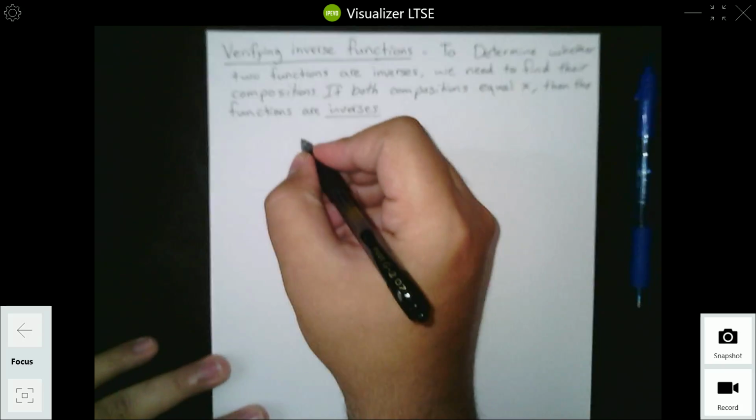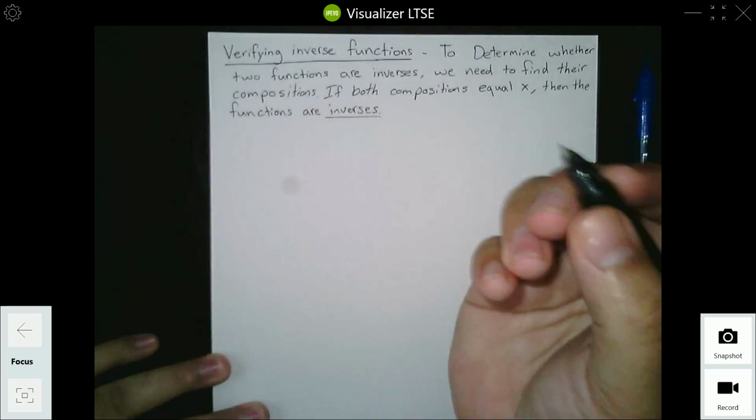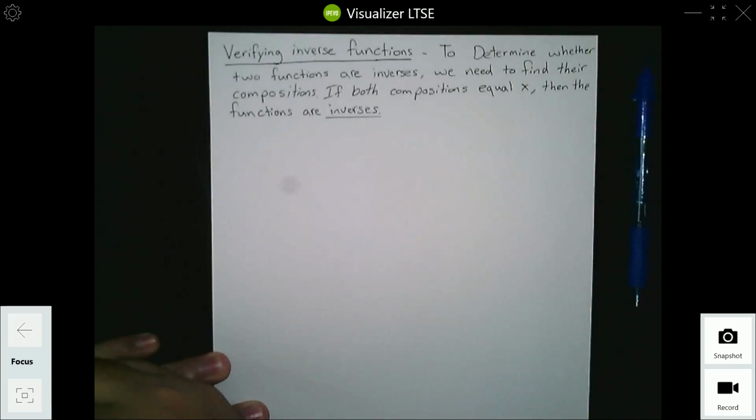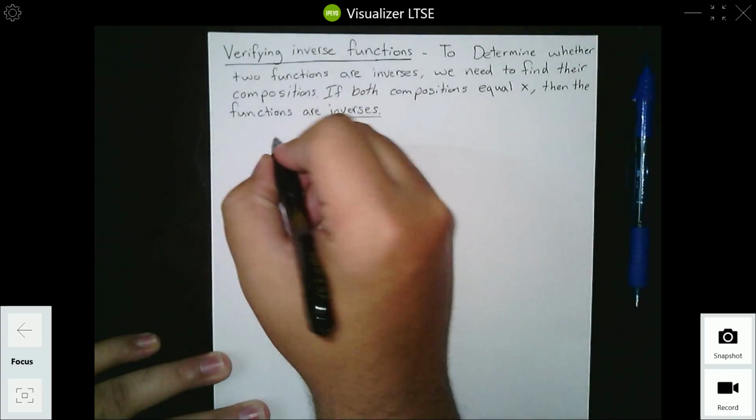Okay, so we have this function. What this typically means is I'll put in an if-then statement so we can have a better understanding of what's going on.